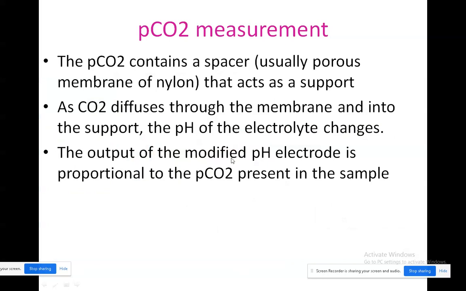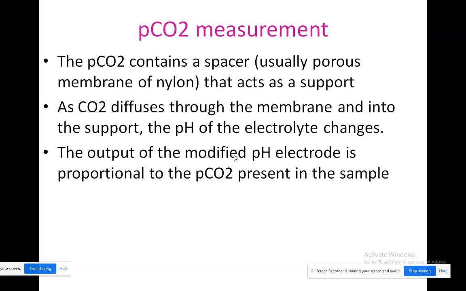So the output of the modified pH electrode is proportional to the PCO2 present in the sample. As I told you already, your PCO2 measurement meter contains both a pH electrode and a silver chloride electrode.